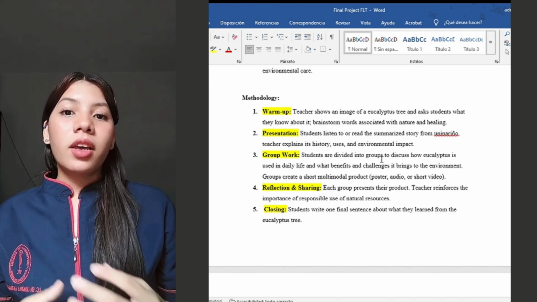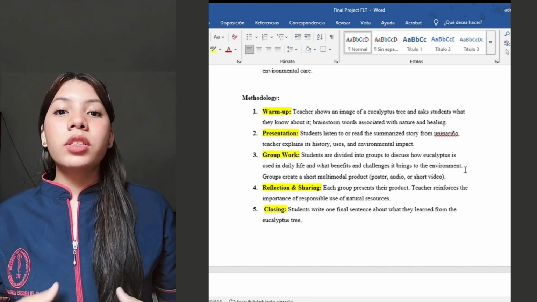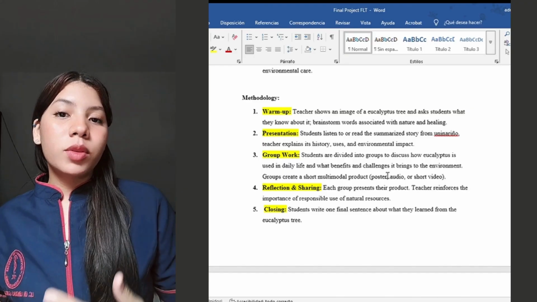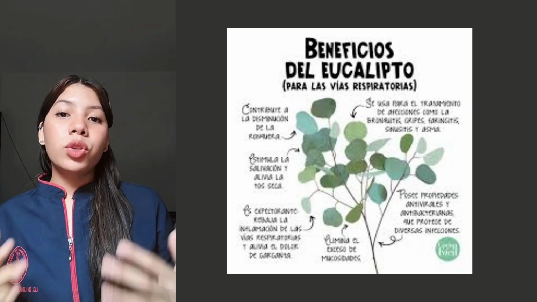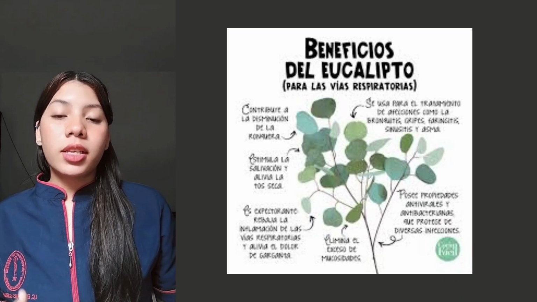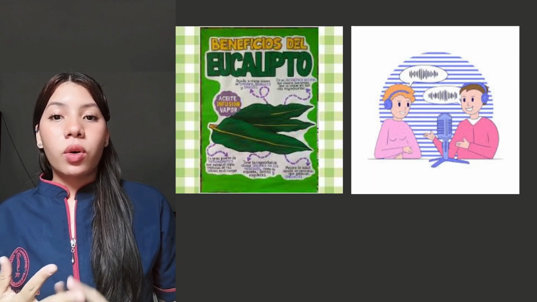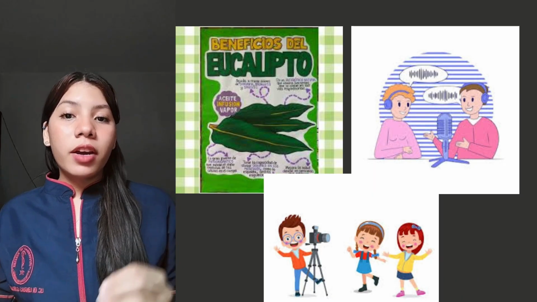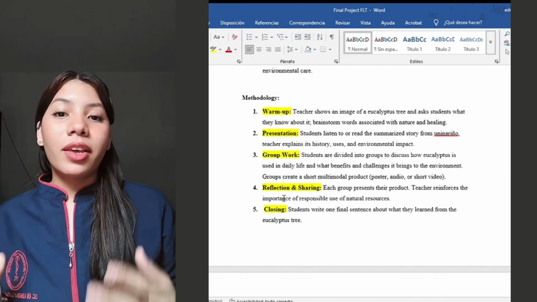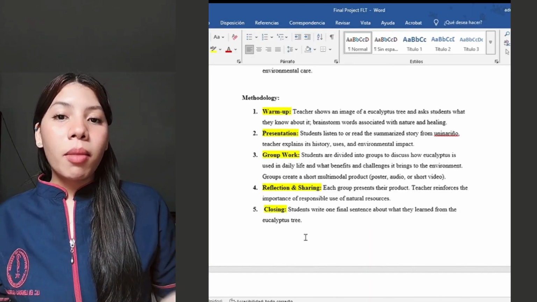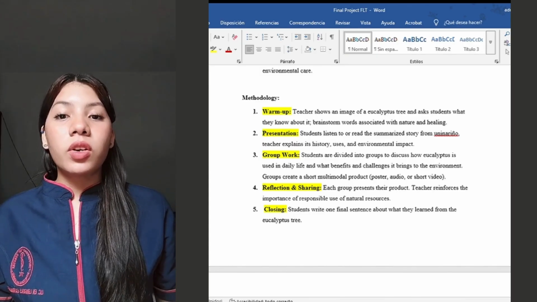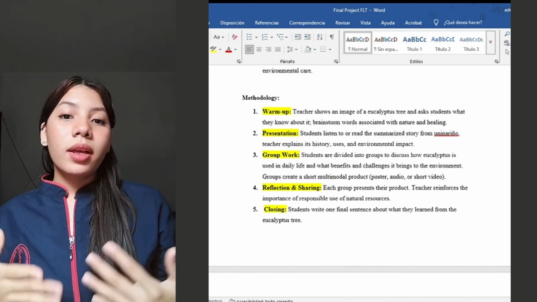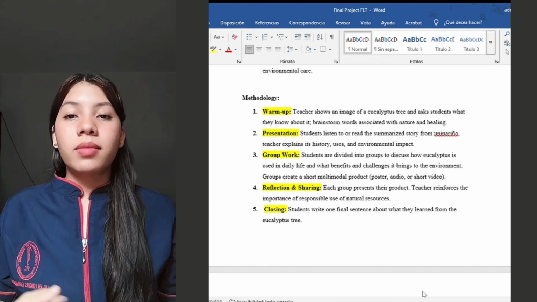Third, group work where the students discuss how eucalyptus is used in their communities and create a multimodal product such as a poster, audio, or short video. And finally, a reflection where they write 1 sentence about what they learned. This activity helps the students connect language learning with environmental care and sustainable thinking.